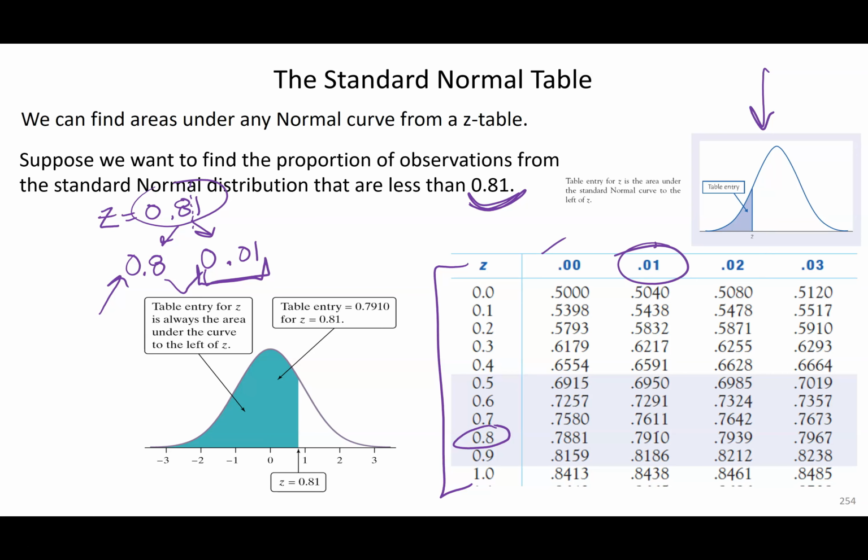Then I'm going to line up here, and I'm going to get the probability that z is less than 0.81 is equal to 0.7910. So honestly, this picture would actually be more like this.